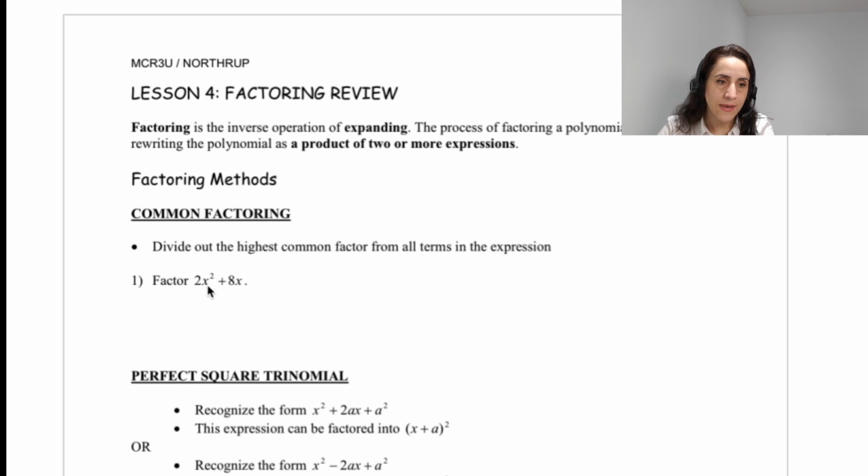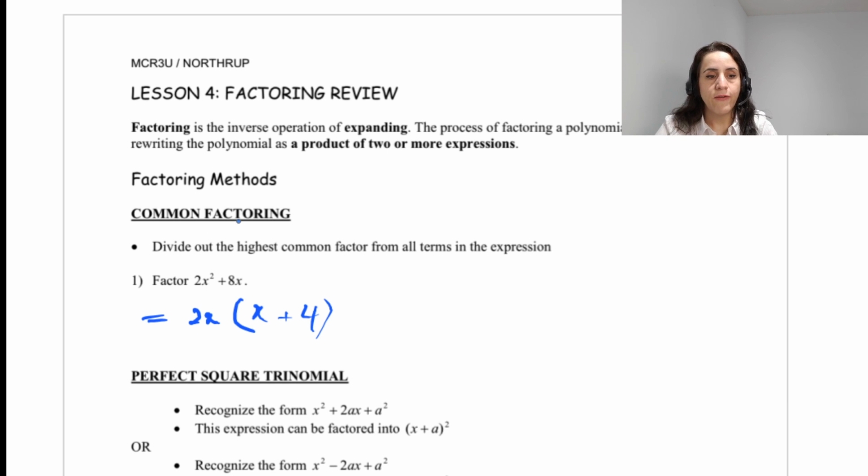For example, 2x squared plus 8x, as you see, has a common factor. 2 is common between 2 and 8, and x squared and x have x in common, so the common factor is 2x, and if I factor out 2x, it's going to be 2x times x plus 4. As you see, I turned one expression into a multiplication of two expressions.